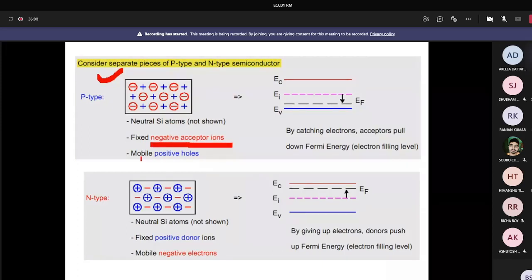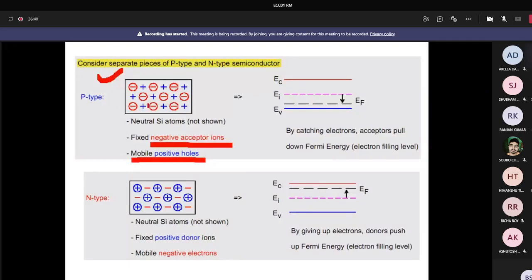And as you told, mobile positive holes will be there, signified by the plus symbol, and some electrons, the minority carriers.